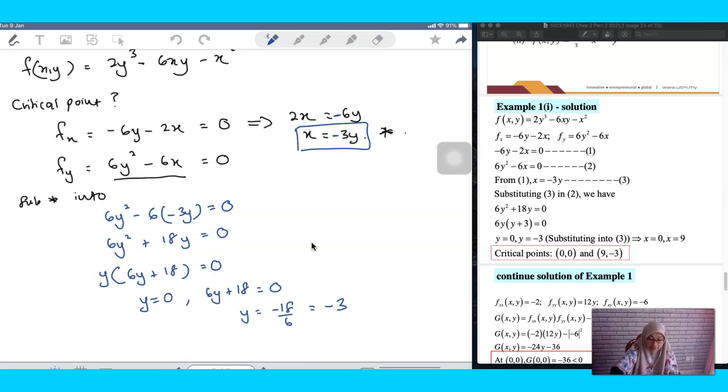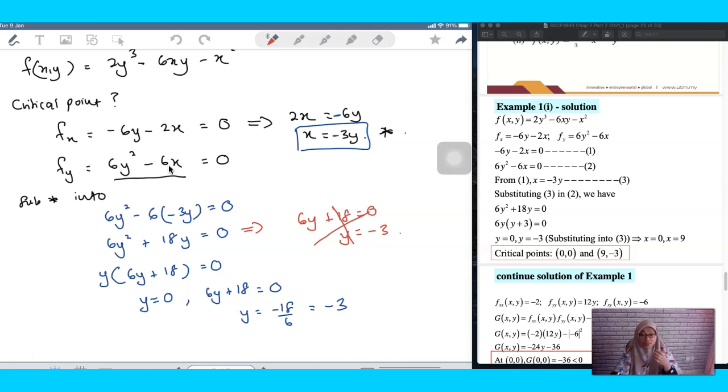If you just cancel out directly, I know that you like it, you will only get 6y plus 18 equal to 0 and a single y. Your answer is incomplete.